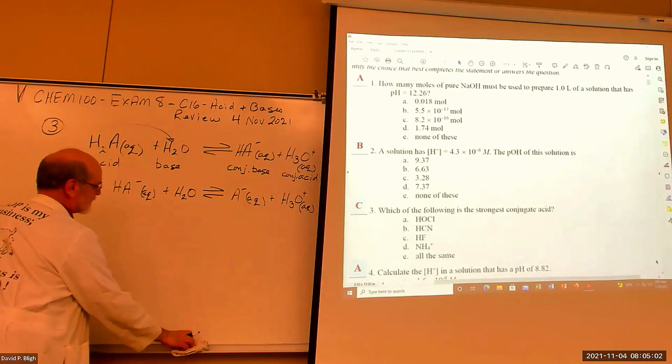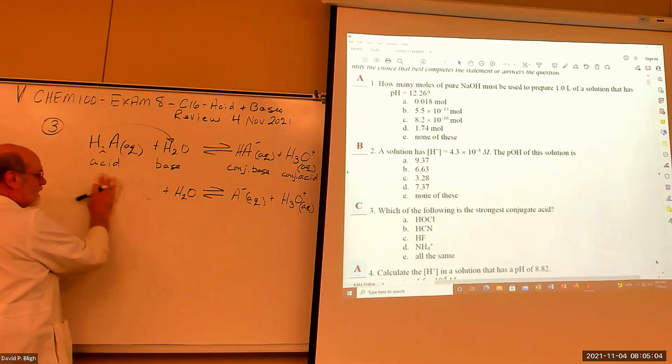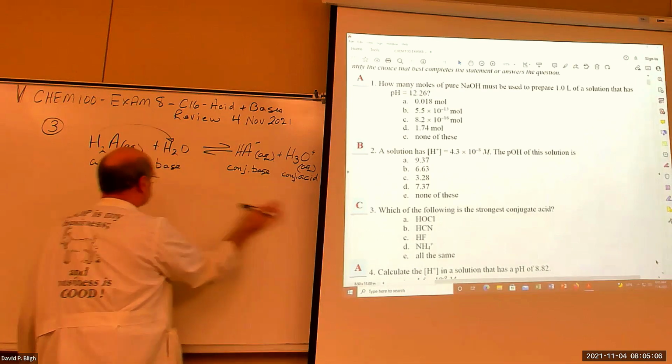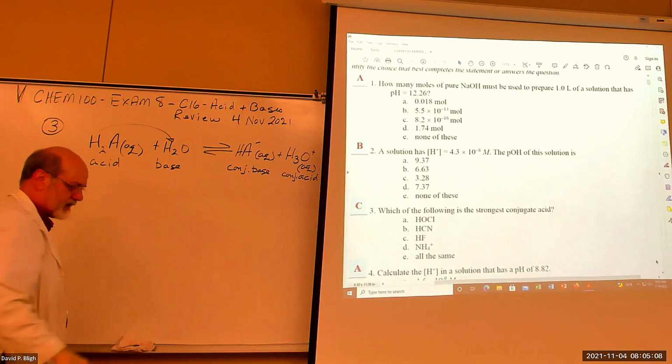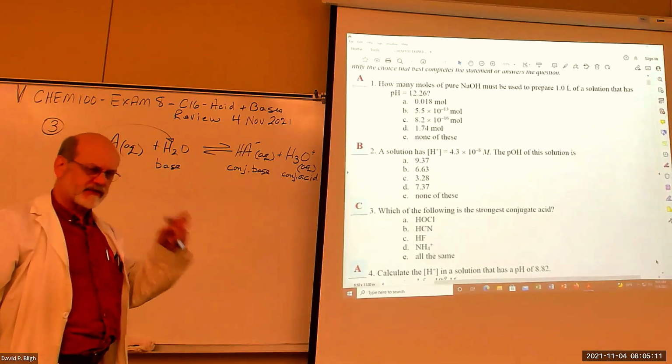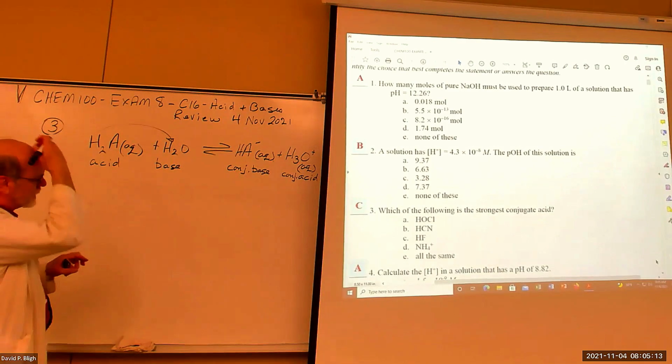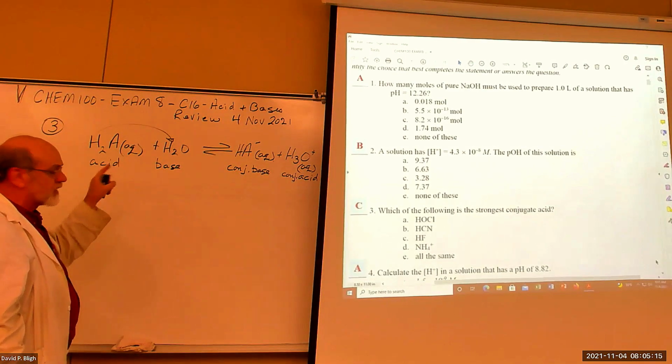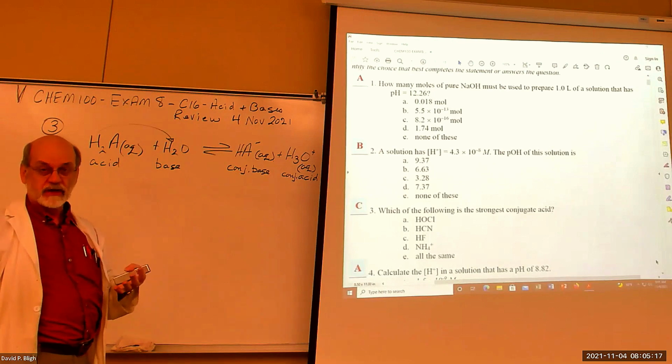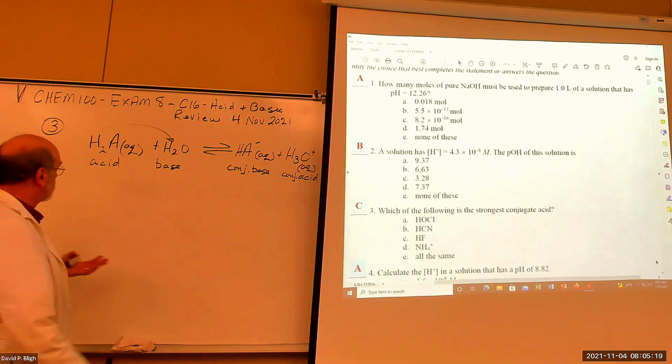Okay, so with that in mind, the other characteristic of acids and bases, well, acids, let's stick with acids for now. We can express this also in an abbreviated form, and it's often written that way.